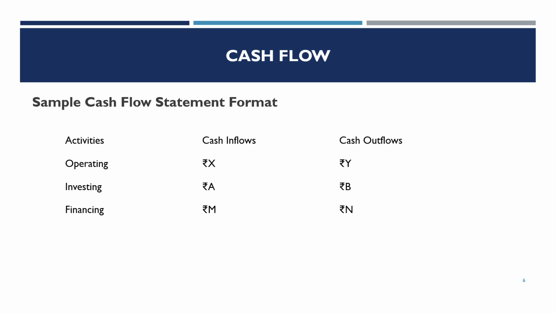Third, as a type, the activity is financing. Under that, the cash inflows are M rupees and outflows are N rupees. This is one kind of simple statement format for the cash flow, a very basic format of a cash flow statement. You will notice it's broken into three sections based on the types of activities.